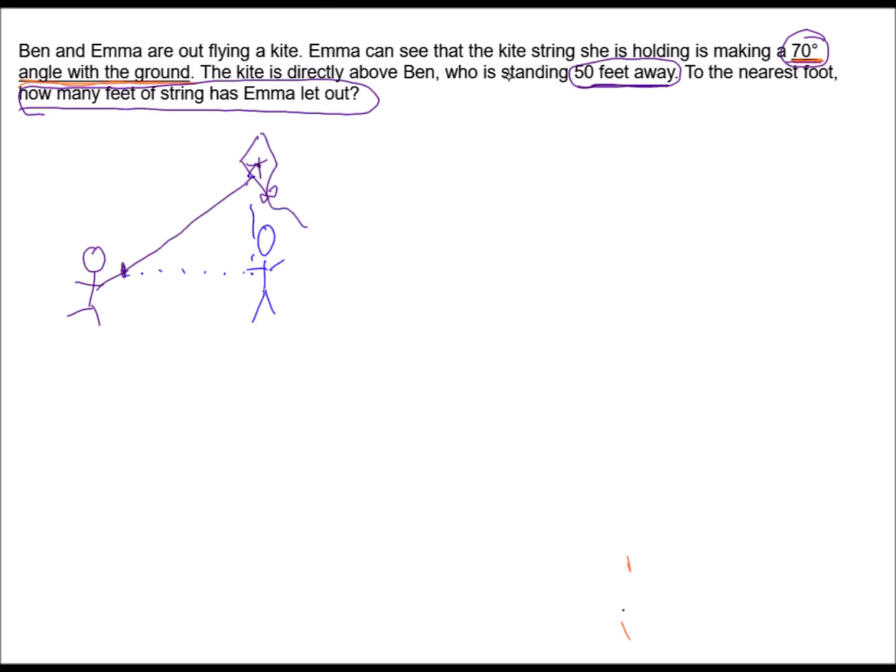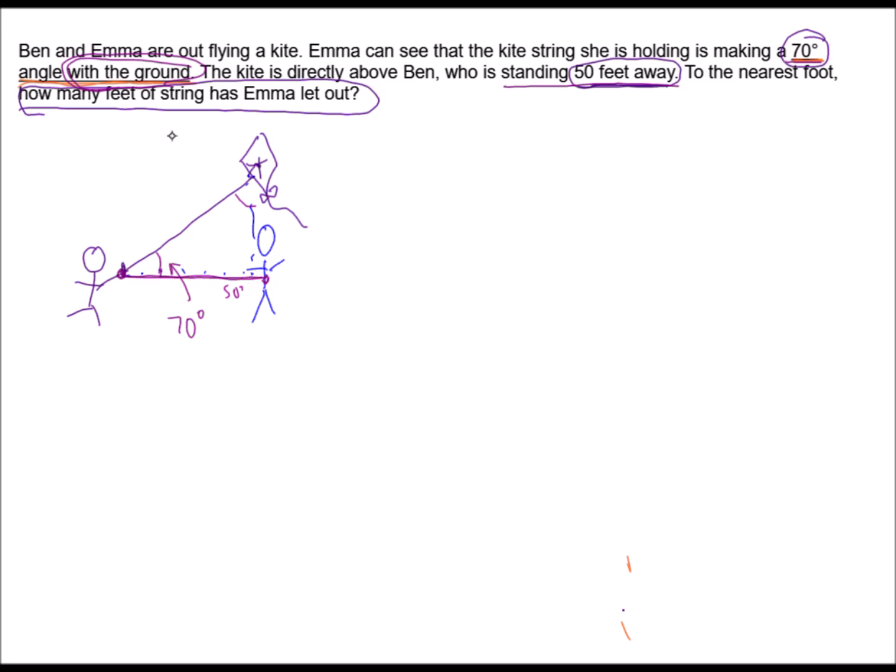So, 70 degrees angle with the ground. There are two angles that we've got here, this one and this one. This is the one that would be considered with the ground, so that's got to be our 70 degrees. Then it says the kite is directly above Ben, who's standing 50 feet away. That means that in between Emma and Ben, that's 50 feet.